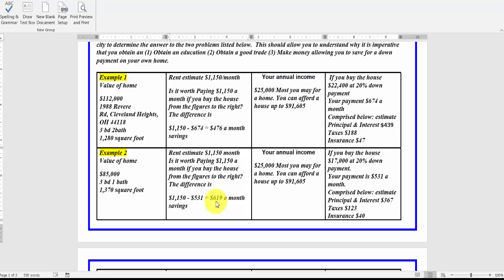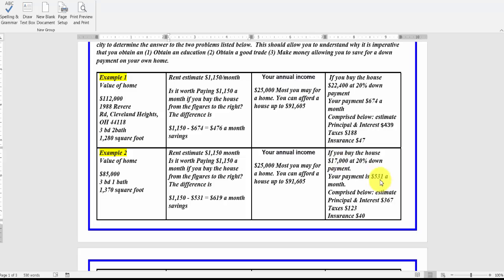$619 a month. With that $619, you can put it in a savings account or pay off more of your house. You make the call. Logic is the key here. You're going to have to save up some money. This says $17,000 as a down payment. If you put less than $17,000 down, or less than 20%, obviously your monthly payment will go up.